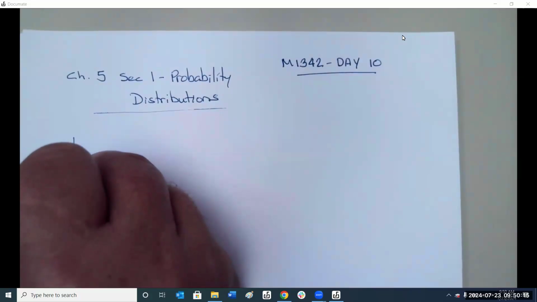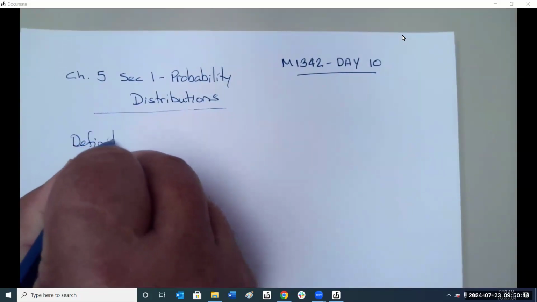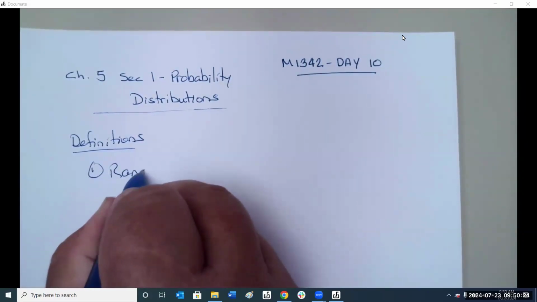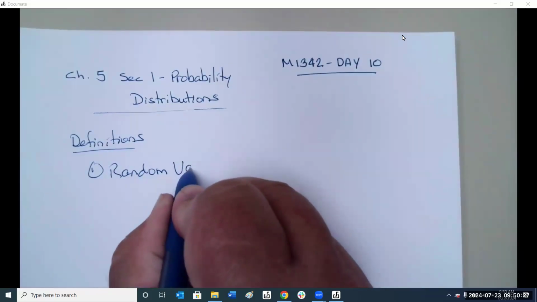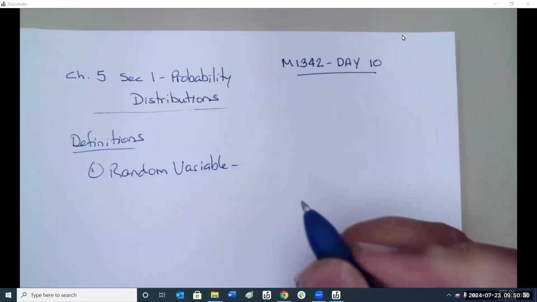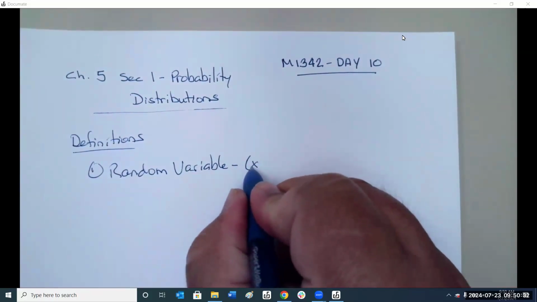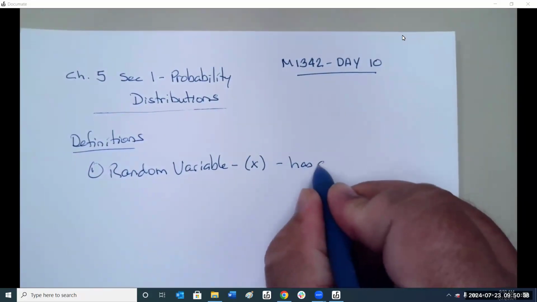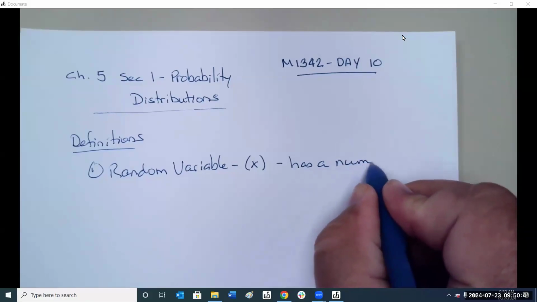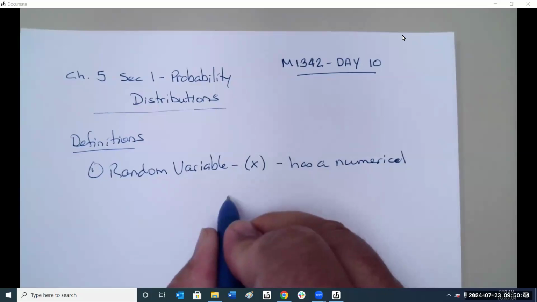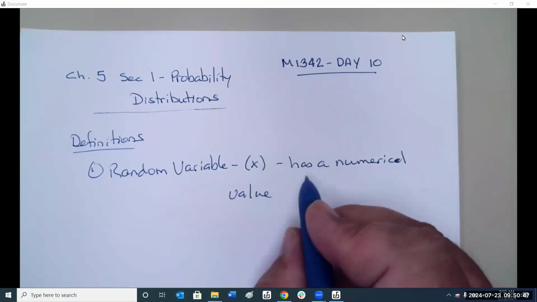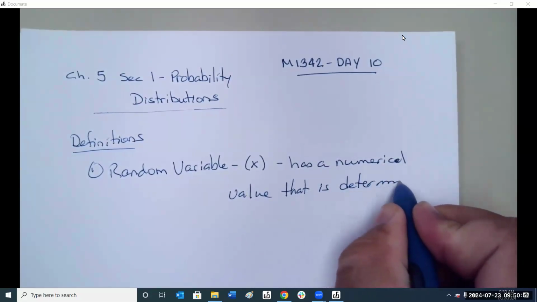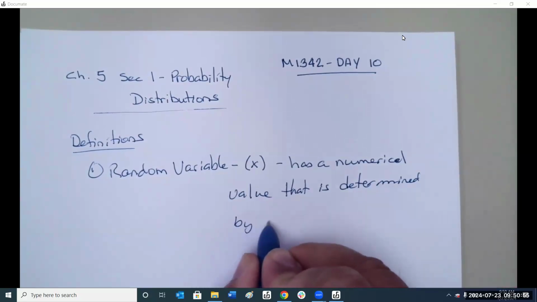The first one we have is random variables. This is your X value. A random variable has a numerical value that is determined by chance.